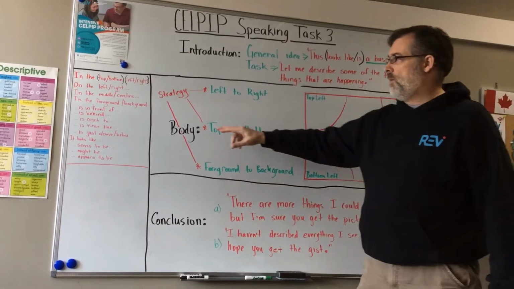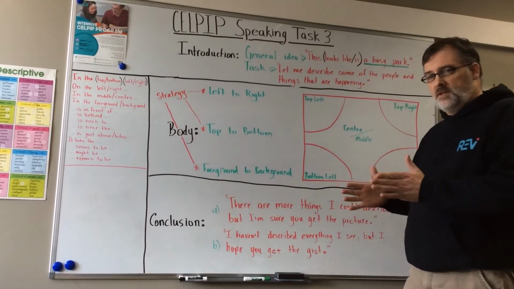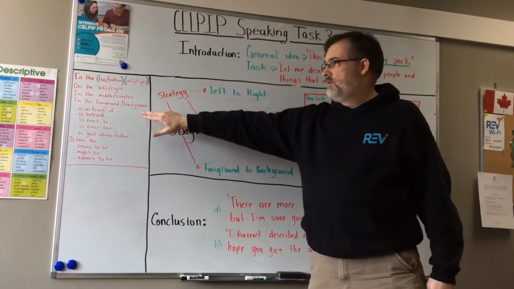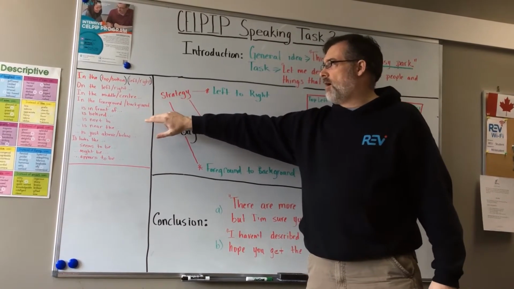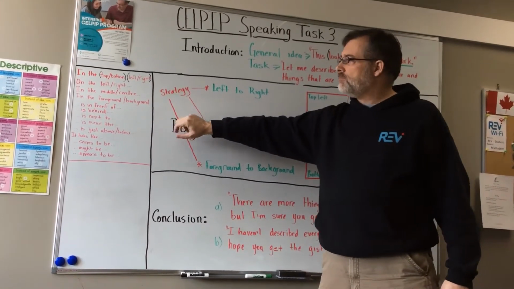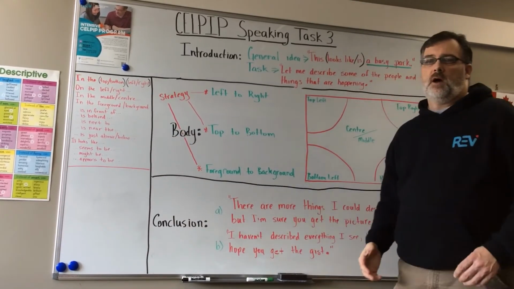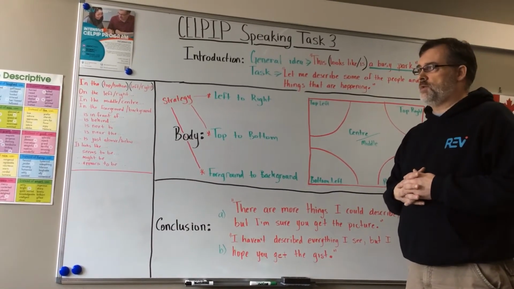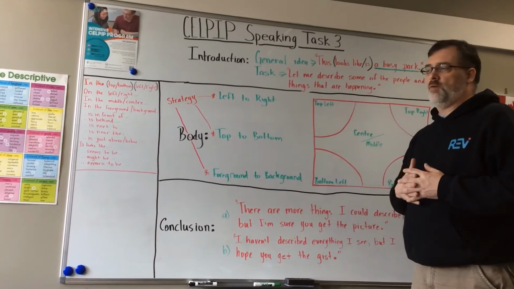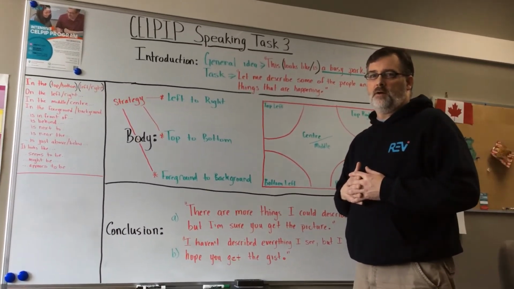When we're talking about something that's in the foreground and background, this is exactly what we say: in the foreground or in the background. And then we have a whole list of other expressions that you can use. And again, we'll go through some more of these when we do the body next video.